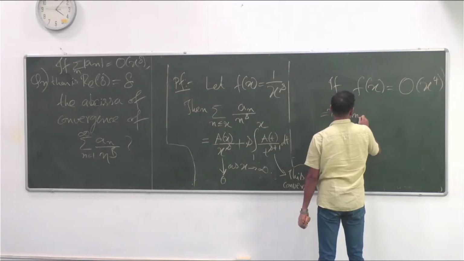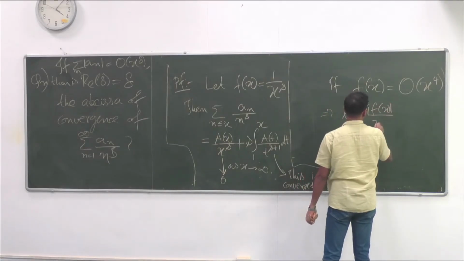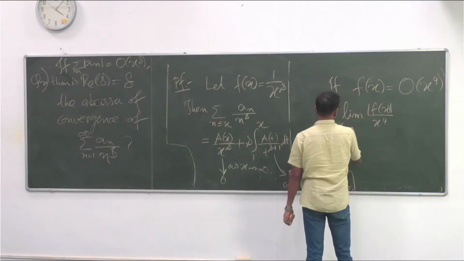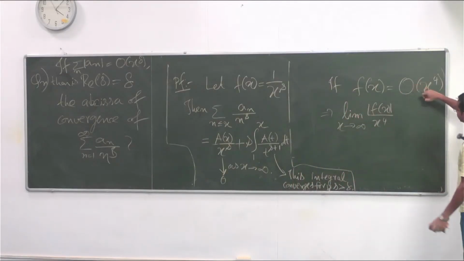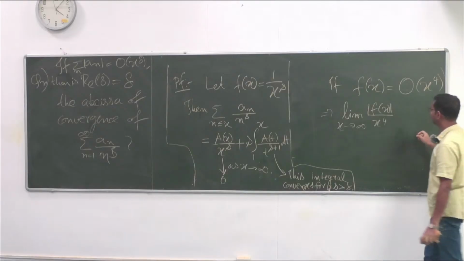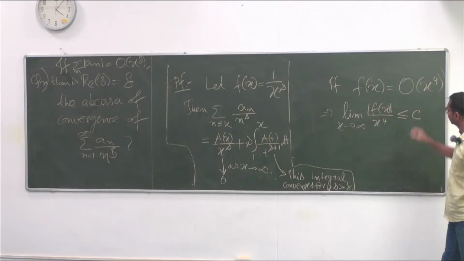That the limit of f(x) by x power 4, as x goes to infinity, is less than or equal to some constant. This is what is meant by that.